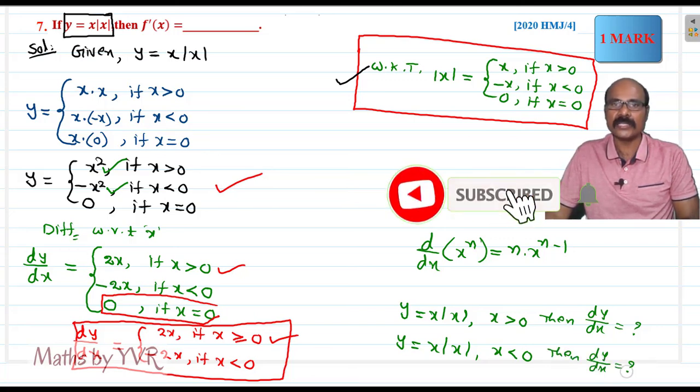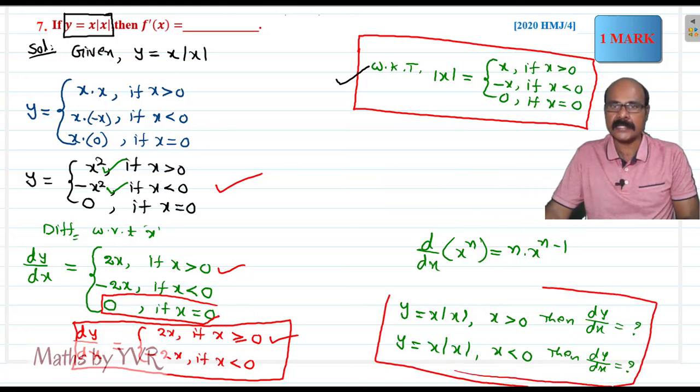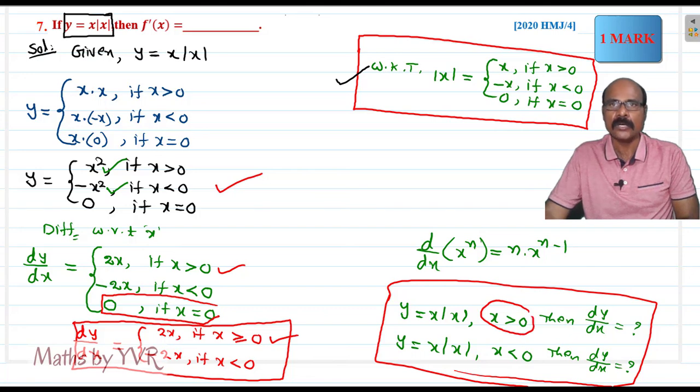Like this also they will ask the question in the board exam. So then what to do? Instead of writing two cases, we can follow only one case. If it is the greater than 0 case, we follow the greater than 0 definition. If it is the less than 0 case, then we follow the less than 0 case.